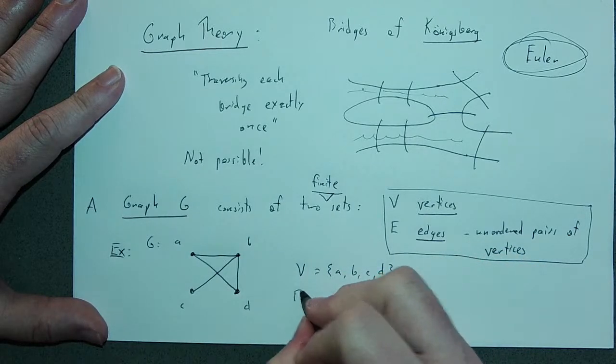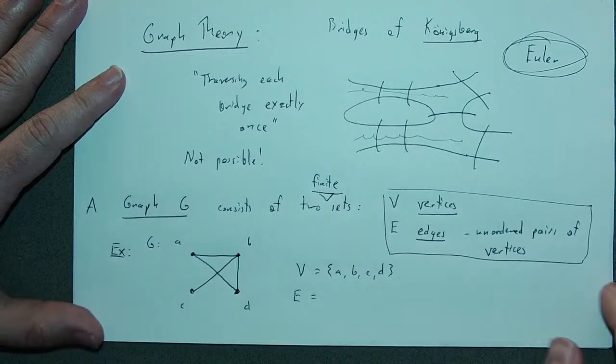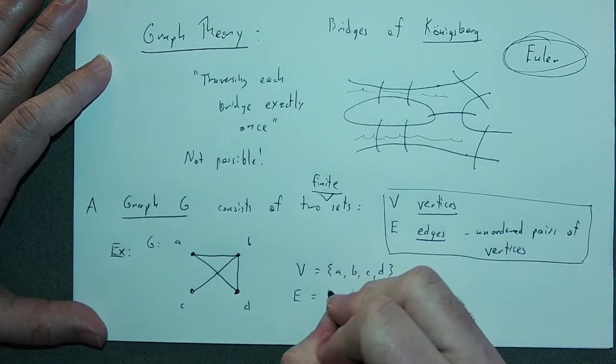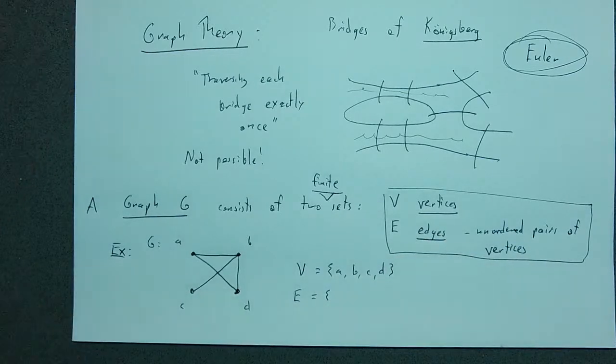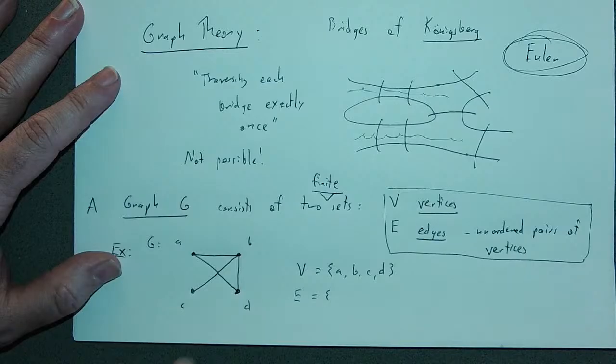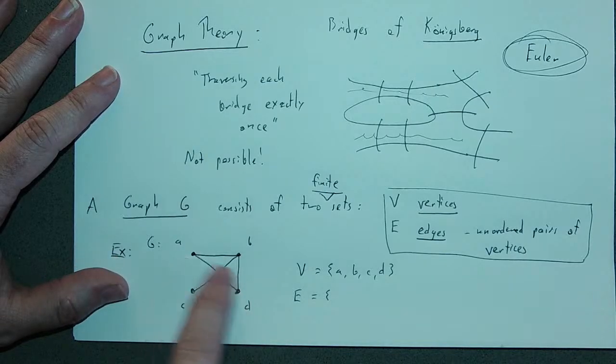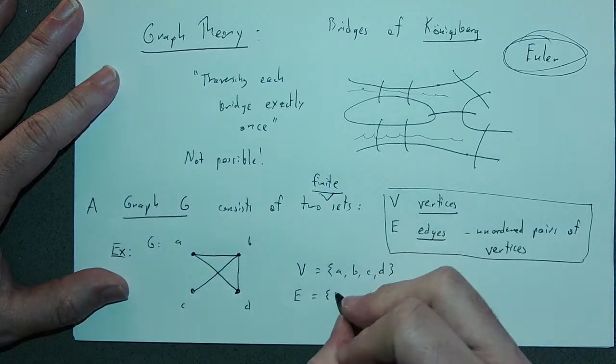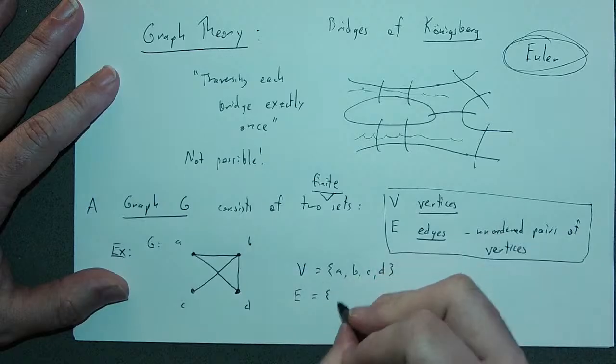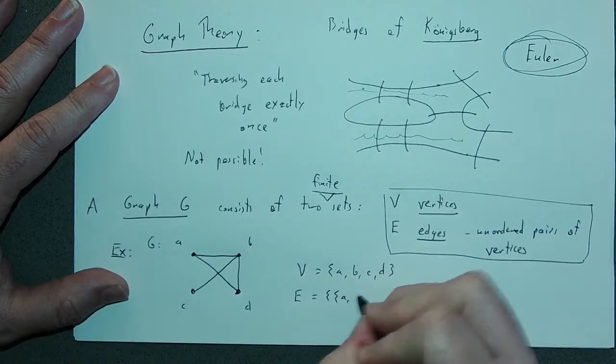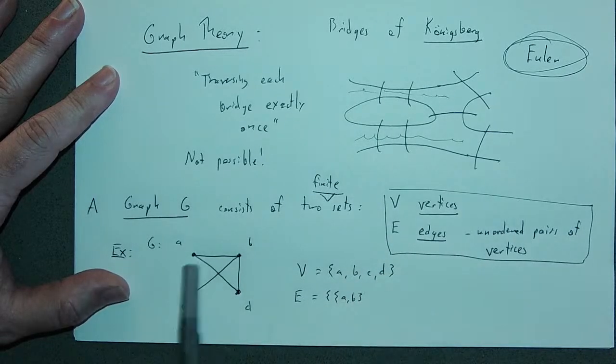And my edges, the way that I've drawn them, not every possible edge that could exist does in this graph, as you see here. So I look and see, okay, I have AB, that's a pair.